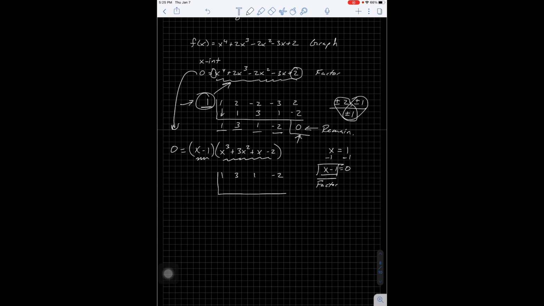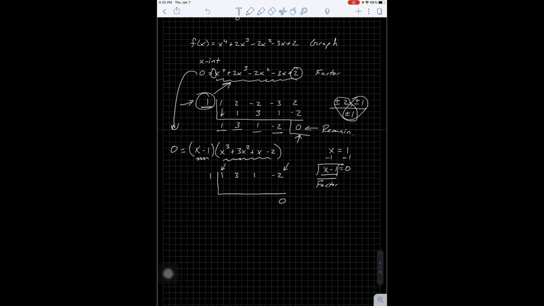Again the rational roots theorem says that my options for numbers out front that are going to give me 0 here are divisors of this last number, so plus or minus 1 or 2, divided by divisors of this number, plus or minus 1. So my options are the same with this problem. It doesn't always occur the same, but it is in this case. And so I'm going to guess. I'm going to start with 1 because that seems like a good place to start.